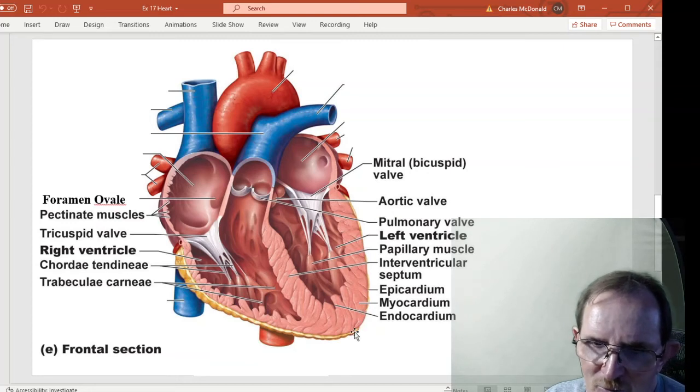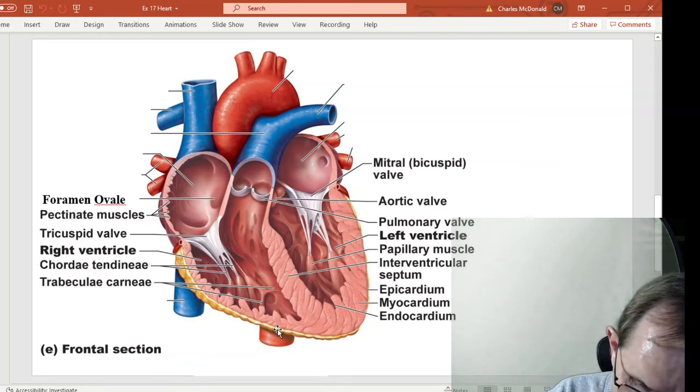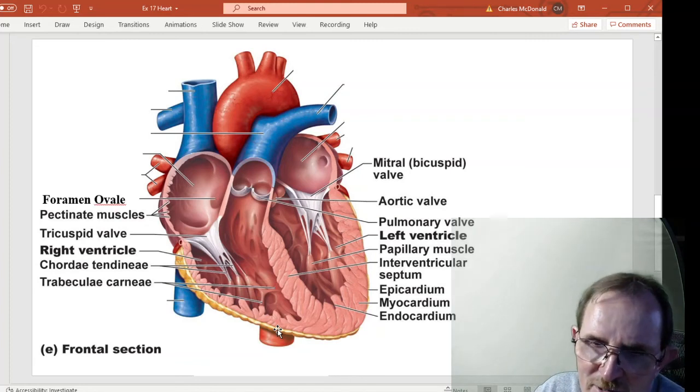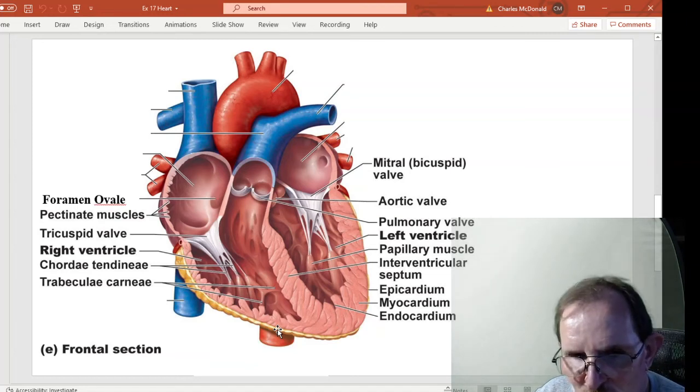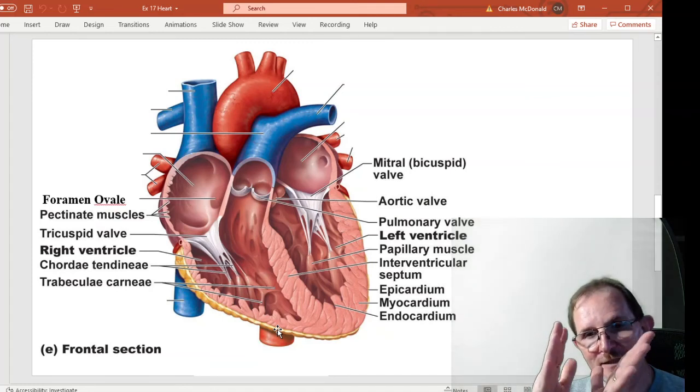Okay, on the outside of the heart, you have connective tissue. That is called the epicardium. The epicardium is the same as the visceral pericardium. Remember the serosa from A&P1? You have a parietal serosa that lines the cavity and a visceral serosa that's on the organ.